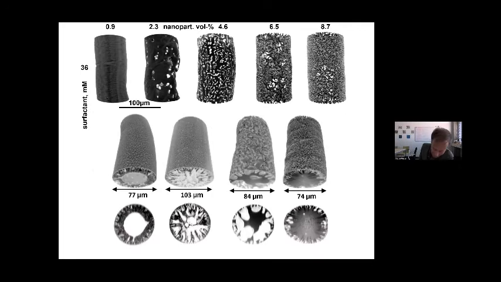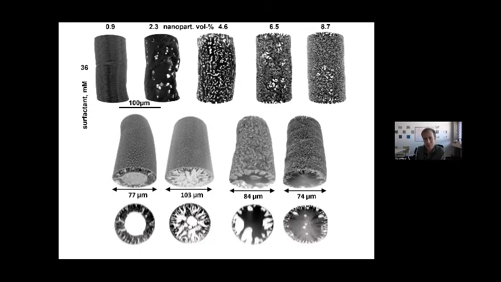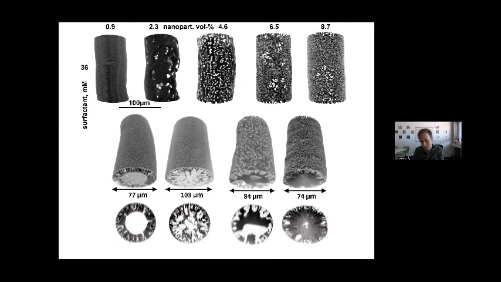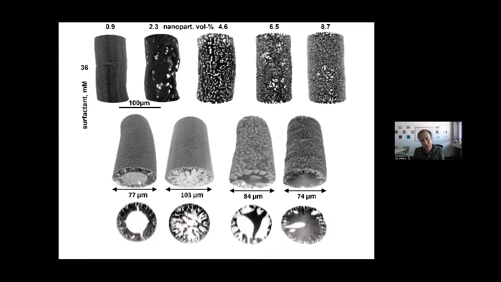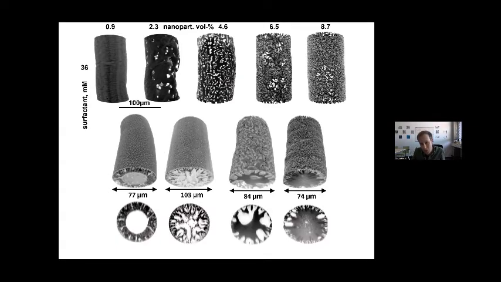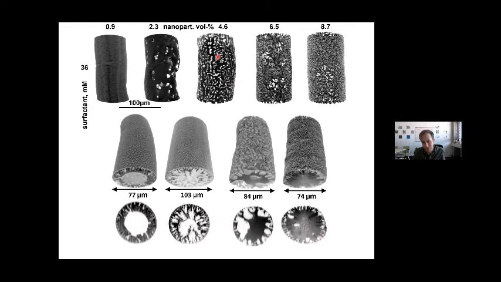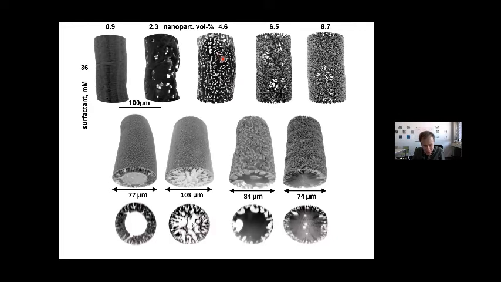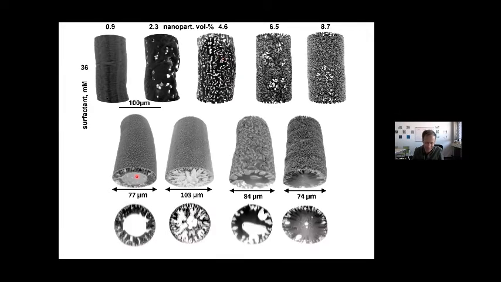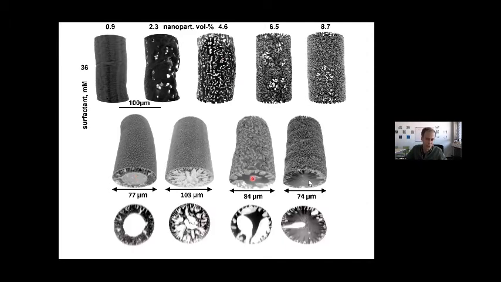Nevertheless, if you look inside of these fibers, right, these are confocal microscopy reconstructions, then you see they actually really only look like a fluid-bicontinuous network on the surface. But on the inside, they have like a less well-defined structure.